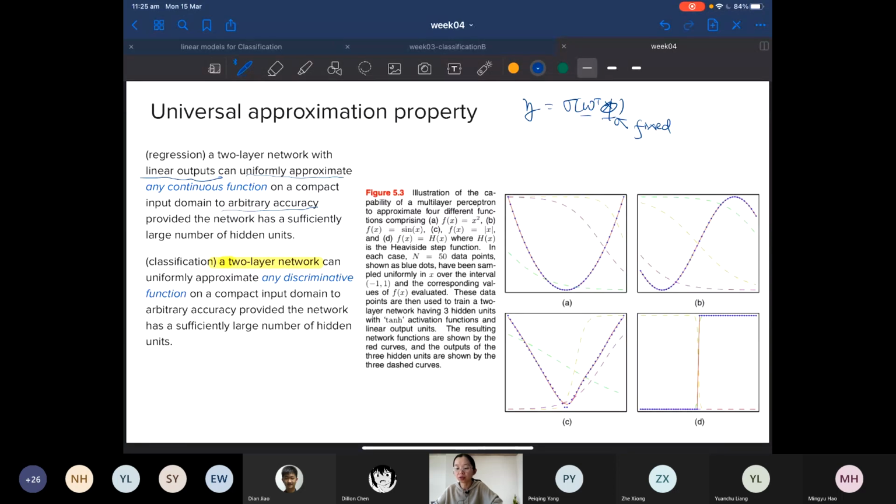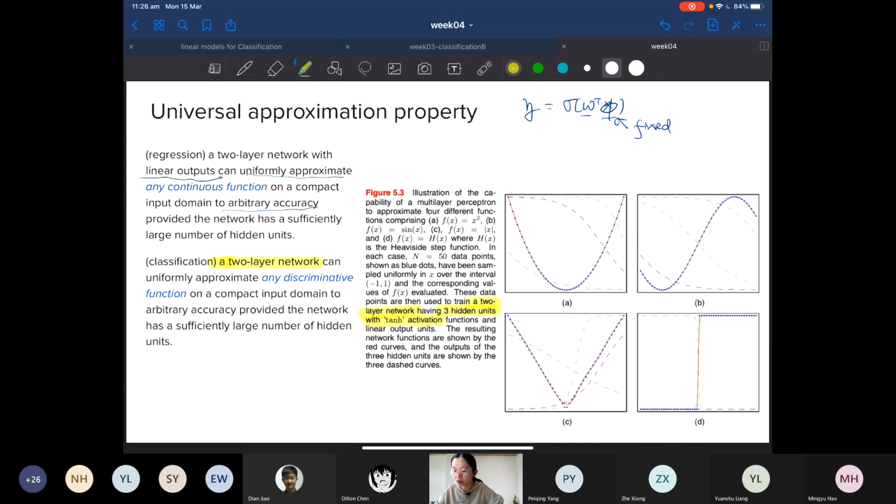And the network here is only a 2-layer network having only 3 hidden units with tanh activation. So tanh is a shifted version of sigmoid to make it an odd function. It says with 3 hidden units, we can already approximate all of these functions.